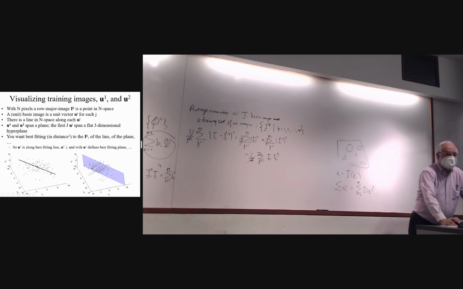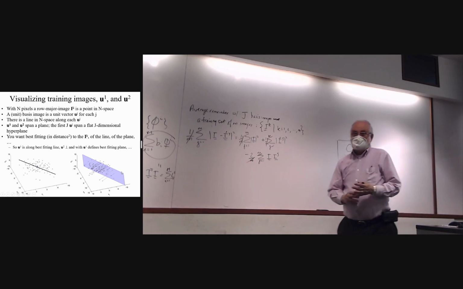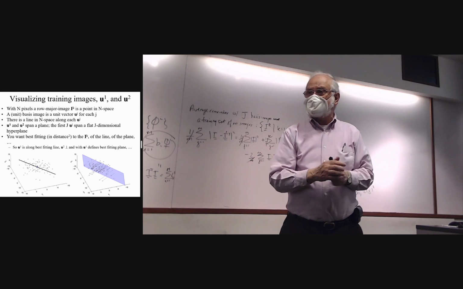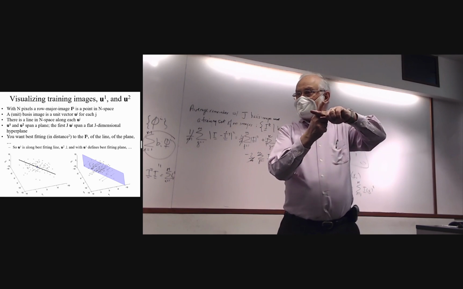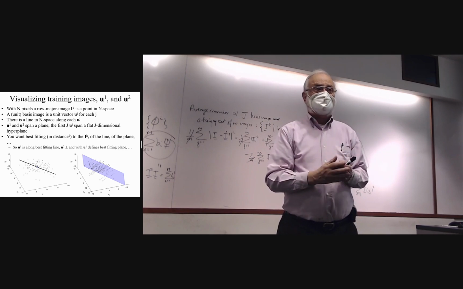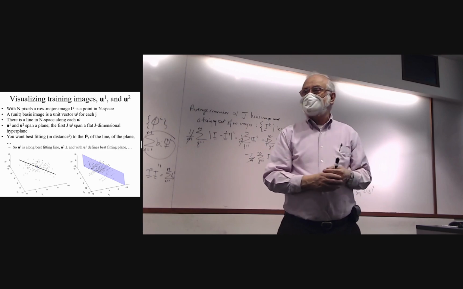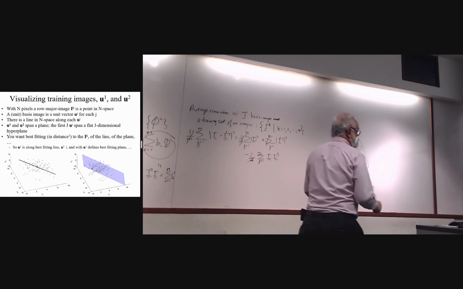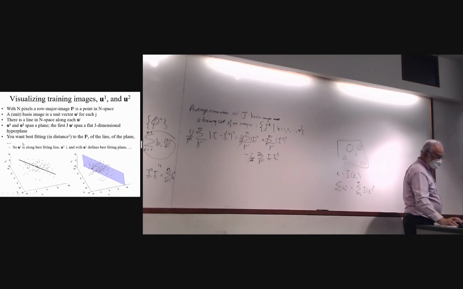And when we want two basis images, well, two basis images form a plane, right? One vector is a direction. Two vectors, if they're orthogonal, span a plane. And then we're asking what's the best fitting plane to the images. We will end up seeing that that plane includes this line and another direction orthogonal to that line.